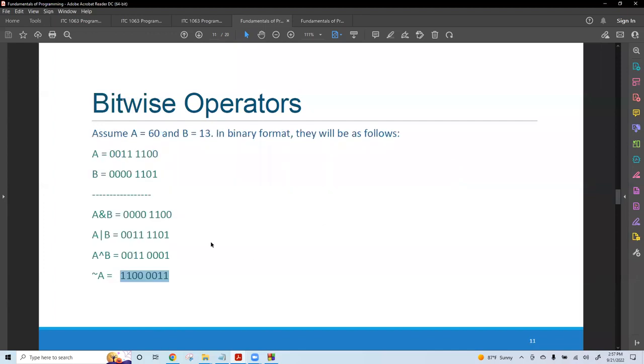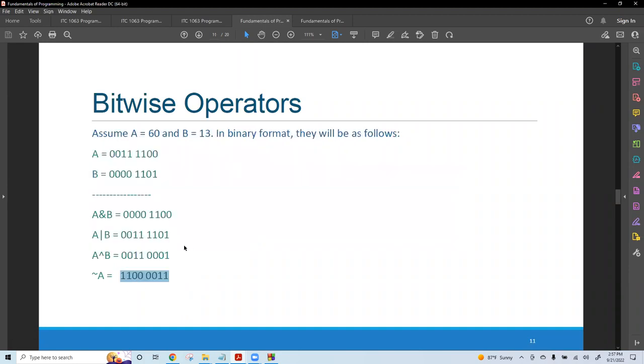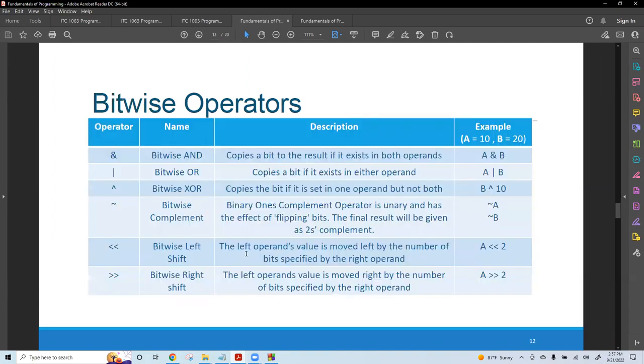So this one, right? Complement. Bitwise complement, right?